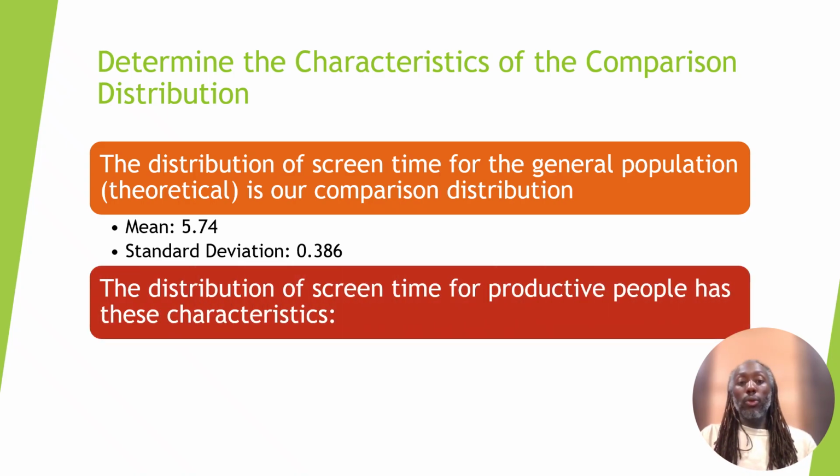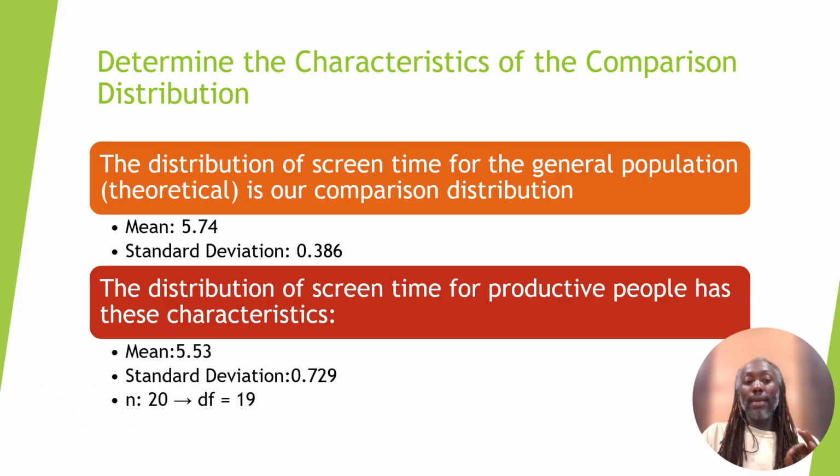Now, the distribution for screen time for productive people in our example here is going to have a mean of 5.53 and a standard deviation of 0.729. Also, and this will be important later, we're going to use a sample of 20 individuals, which means that we'll have 19 degrees of freedom.